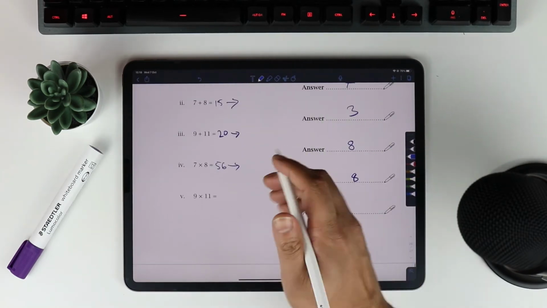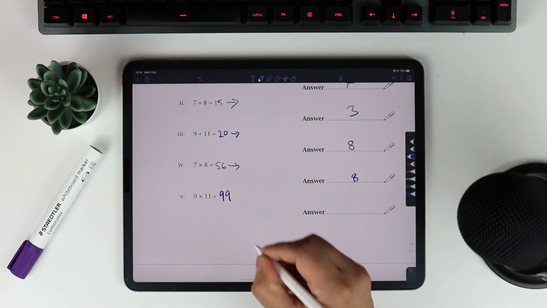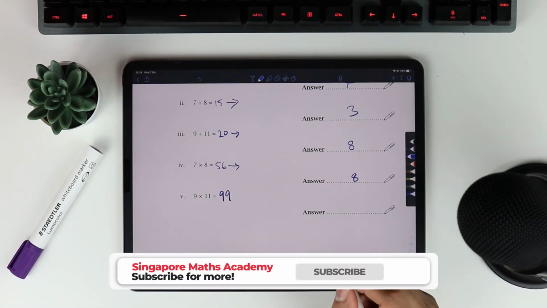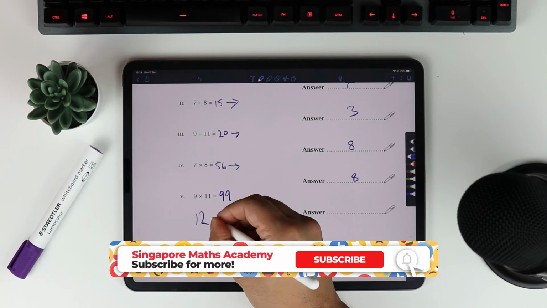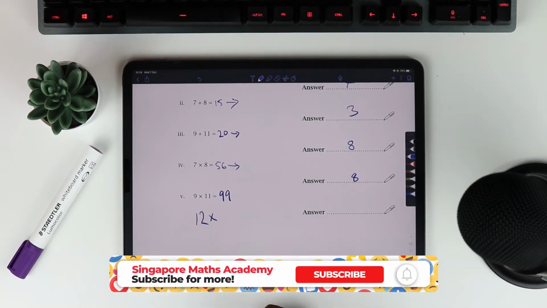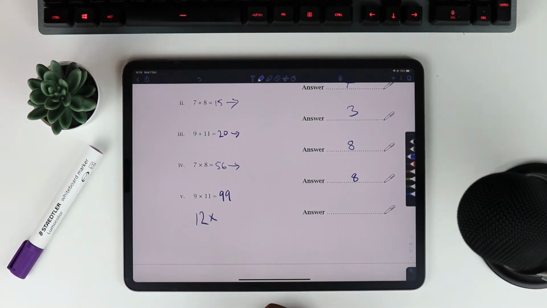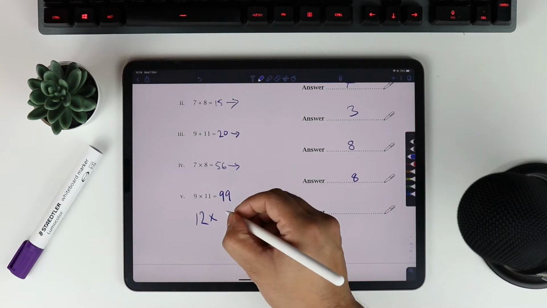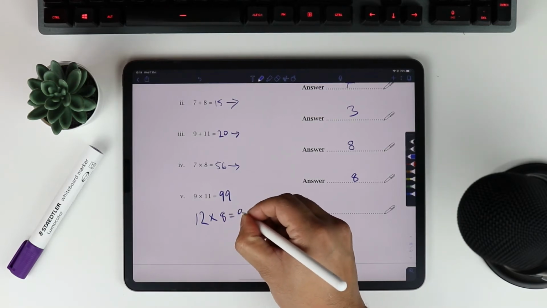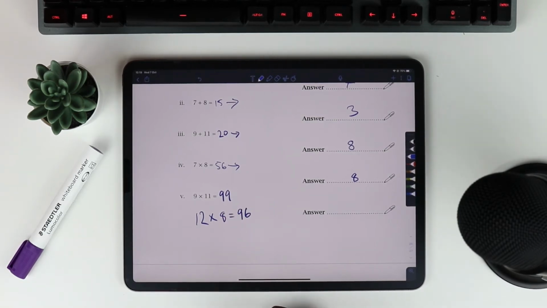9 times 11 is 99. So 99, again, thinking about a 12 times table, 12 times what? 12 times 10 is 120. That's too far ahead, right? So 12 times 8 is going to be 96. 8 times 10 is 80, 8 times 2 is 16, so 80 add 16 is 96.